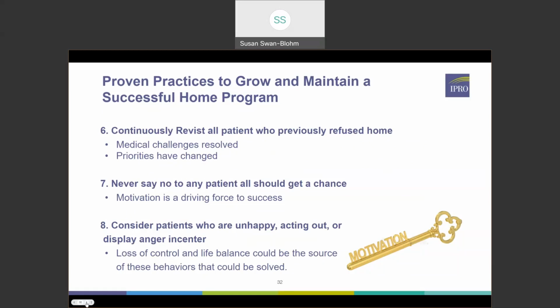Consider patients who are unhappy or acting out in the in-center environment, as loss of control could be a source of these behaviors. As we saw in the second case study presented, Louis Lipscomb thrived at home with home hemodialysis once he had control back in his life.